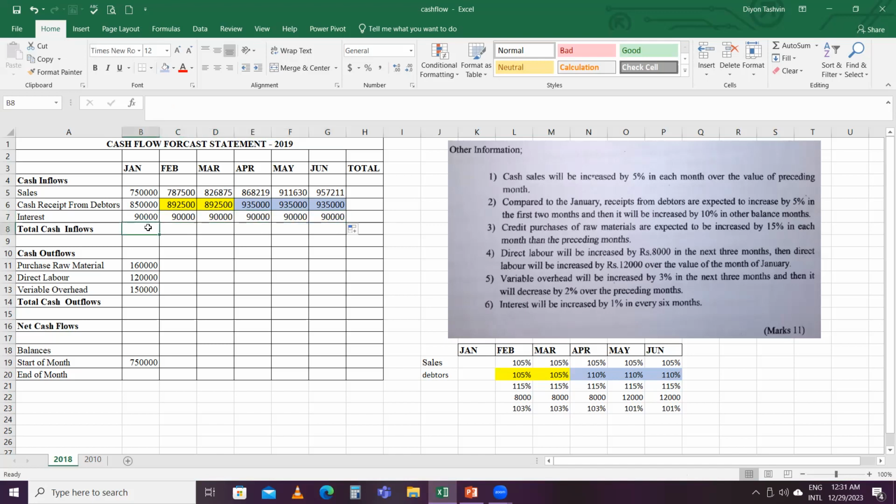Now we are going to get the total cash inflow. That is the summation of all the cash inflows. Then about the purchases.